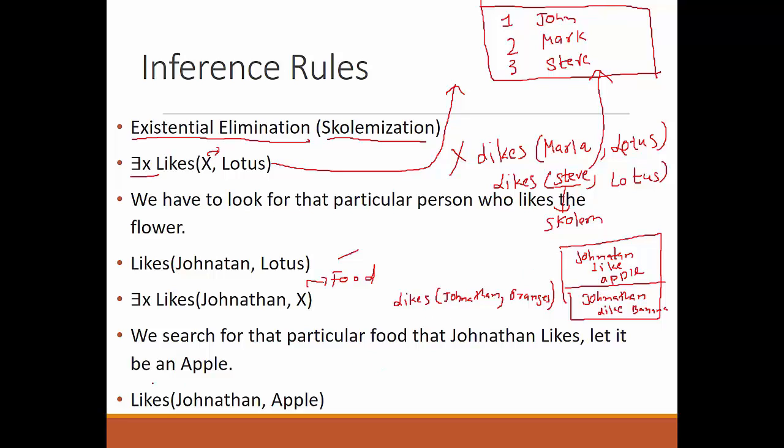However, if someone says that Jonathan likes apple, and it is in our knowledge base, then it's for sure going to remove the existential quantifier, and apple in this case is a Skolem constant. So that was existential elimination.